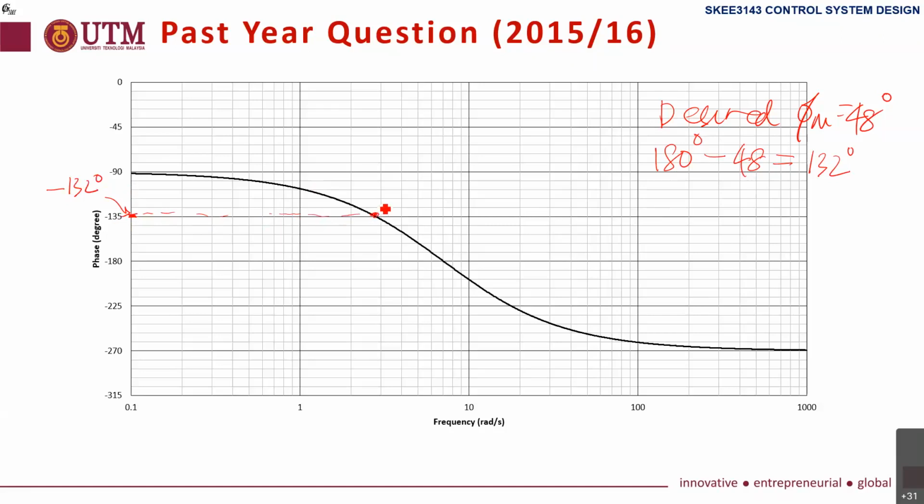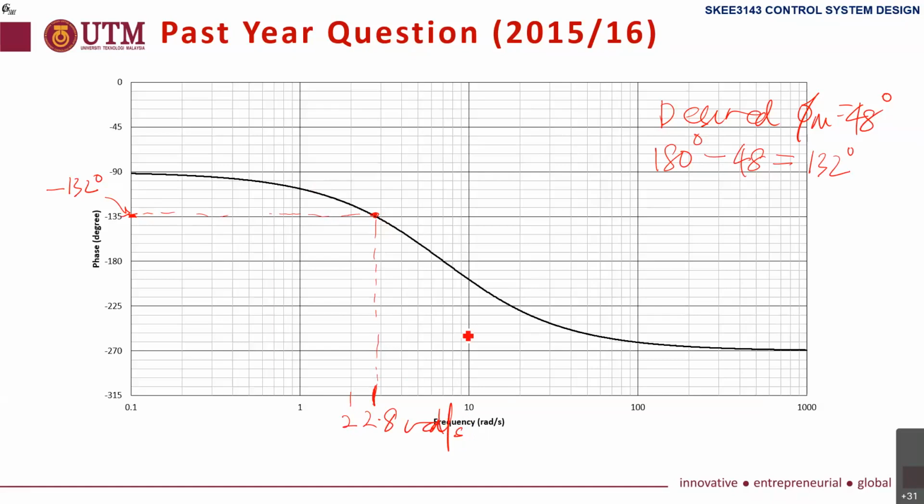132, and the frequency is about 2.8 radian per second. This is just an estimate. Here 2, then in between 2 and 3, let's take 2.8.